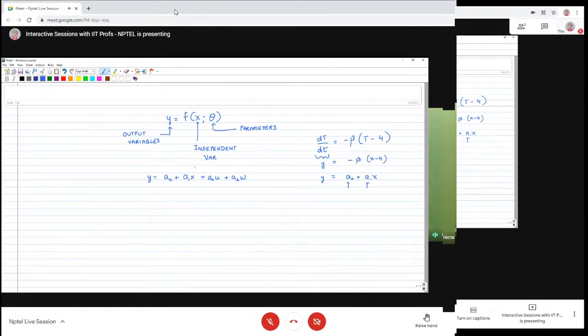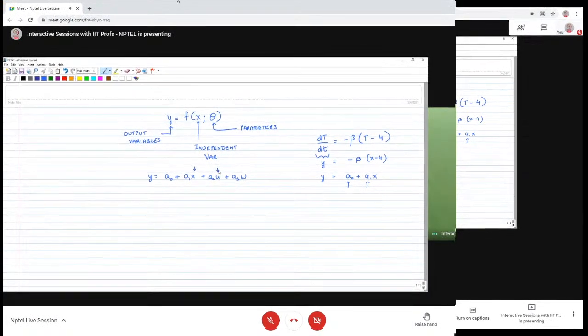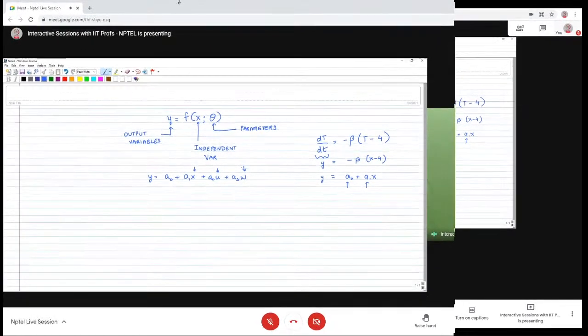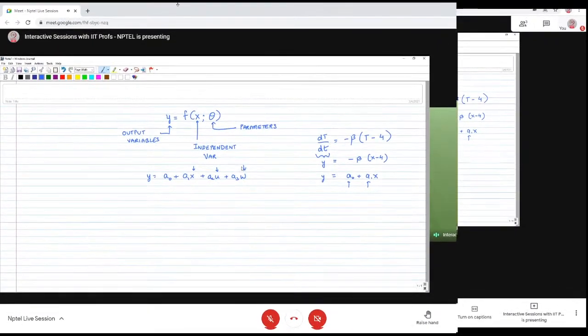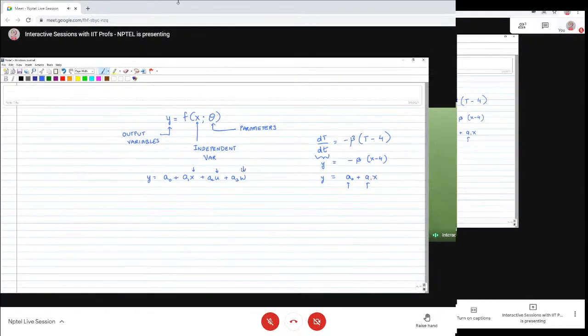The requirement is that x, u, and w should be linearly independent. So x, u, and w, you can very well replace with t squared, t cubed, t log of t, 1 by t. All of those are possible, and it still retains the linear regression part of the problem.